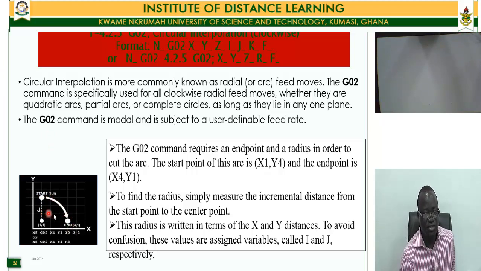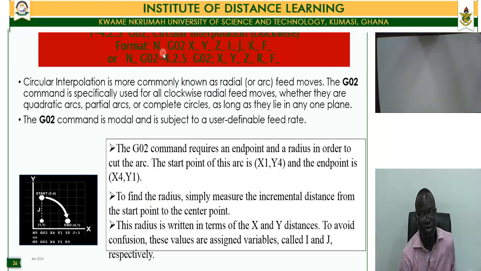So, the format of the G02 command, as you can see from the slide here, is circular interpolation in the clockwise direction. The format is like this. You have N, which is the line number. Then you give a G02.